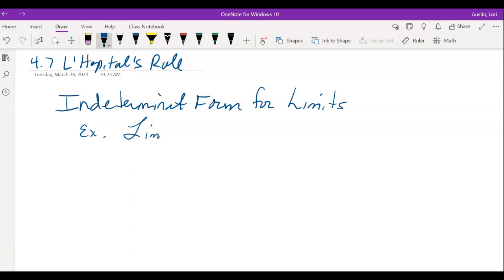If I gave you the limit as x approaches 0 of sine x over x, the first rule for limits is to simply do what? Plug in 0 for x. Remember that? And if you plug in 0 for x, I'm going to do it in red. Ooh, you would get, what's sine?